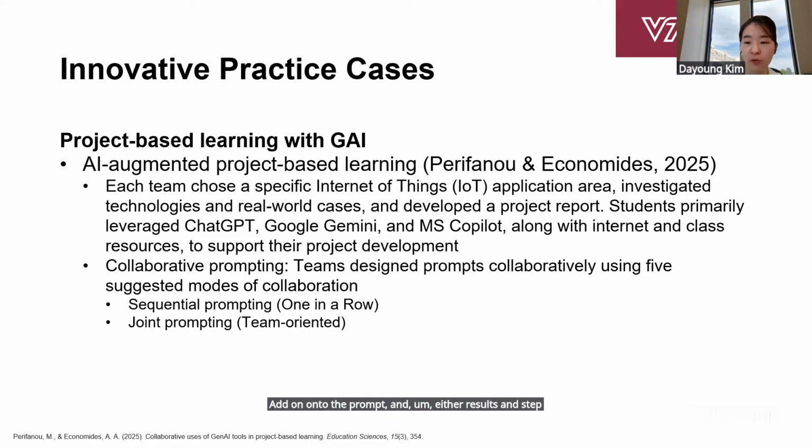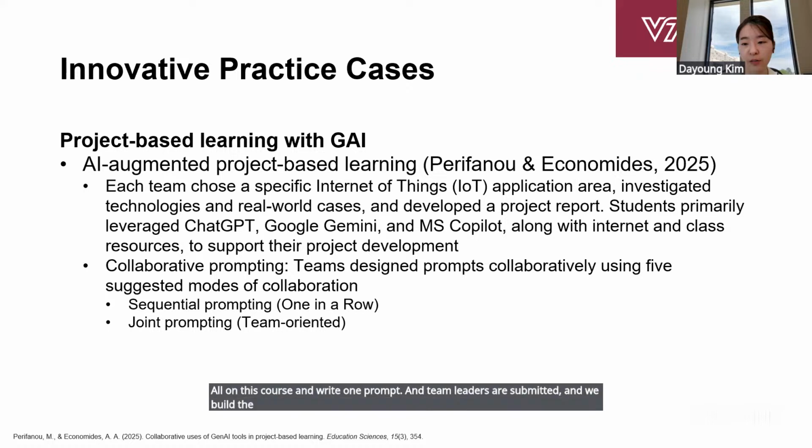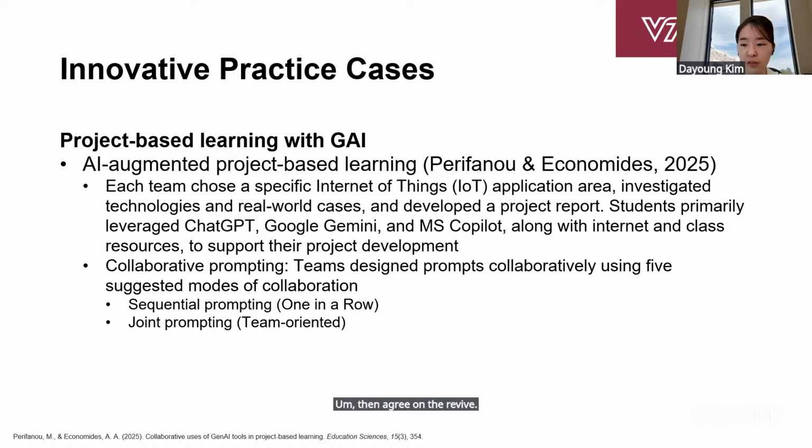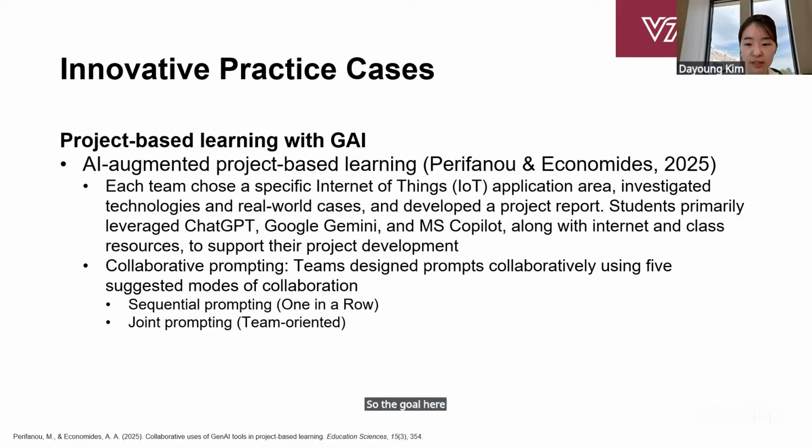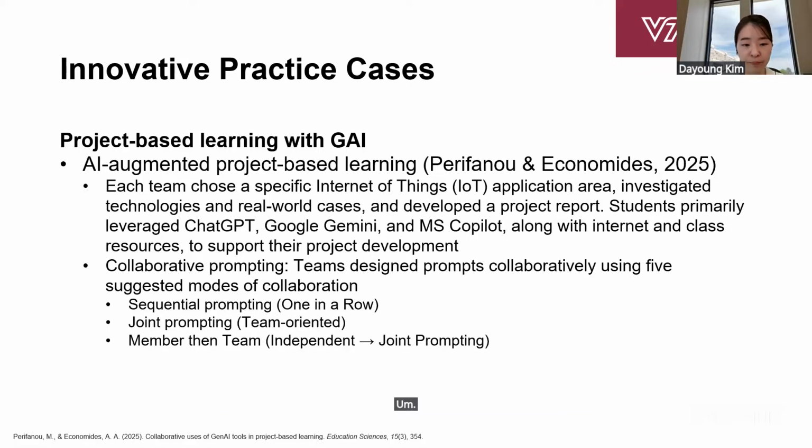All discuss and write one prompt, and the team leader submits it, and they review the AI's response together, then agree on the revised prompt. This cycle repeats with the leader entering the prompts on behalf of the team. The goal here is maximizing collective decision making, so everyone is aligned before each prompt.